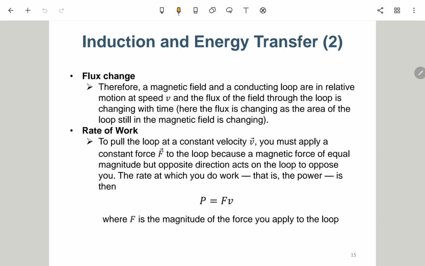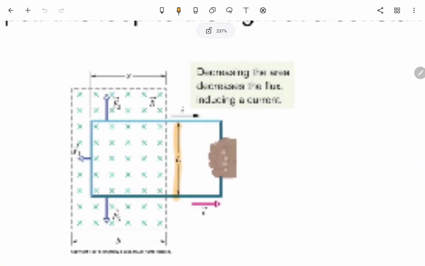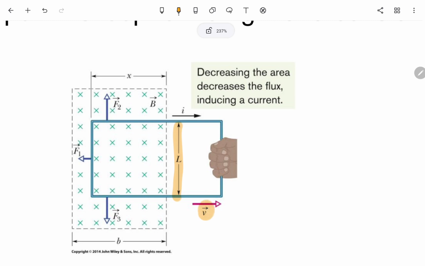Okay, so here we actually have some flux change. Therefore a B field and a conducting loop are in relative motion at speed v. We assume we try to pull this loop out of the external B field with a constant velocity v.